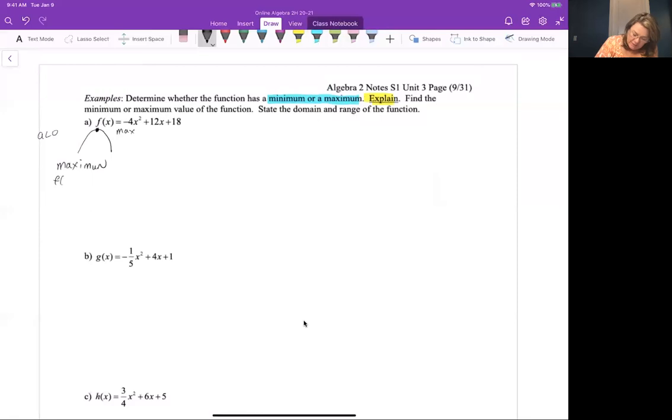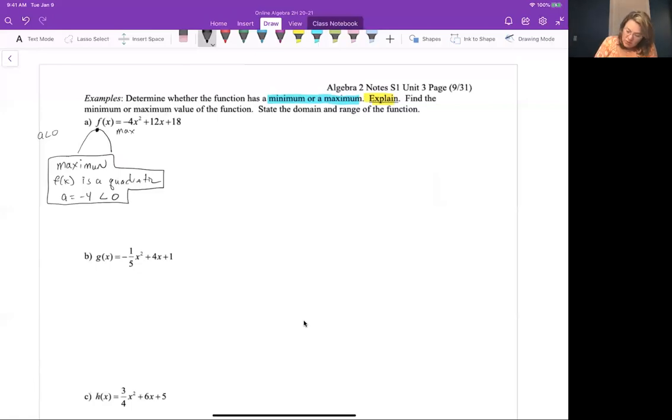That is because f of x is a quadratic formula, and a is equal to minus 4, which is less than 0. Okay, this is how you justify and explain that the equation has a maximum.